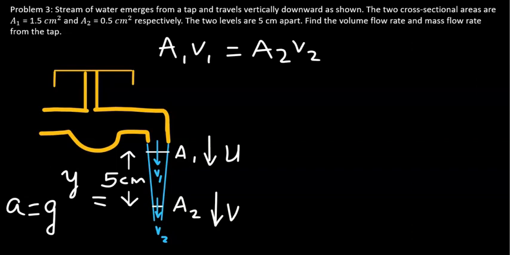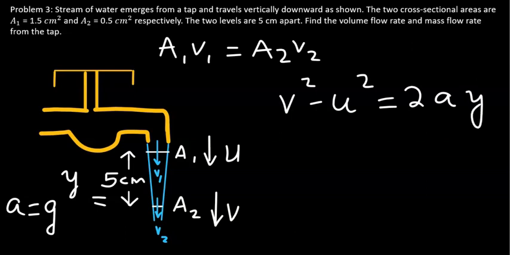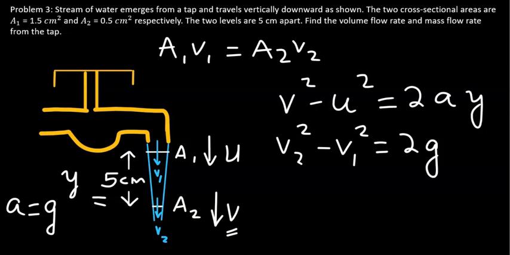So the equation of kinematics that we want to use here is v squared minus u squared equals 2 times the acceleration times the falling distance y. Since the final speed v is v2, that is v2 squared, and the initial speed is u, so u squared is quite simply v1 squared, equals 2 times acceleration, which is 9.81, times the falling distance y, the value of which we know to be 5 centimeters.